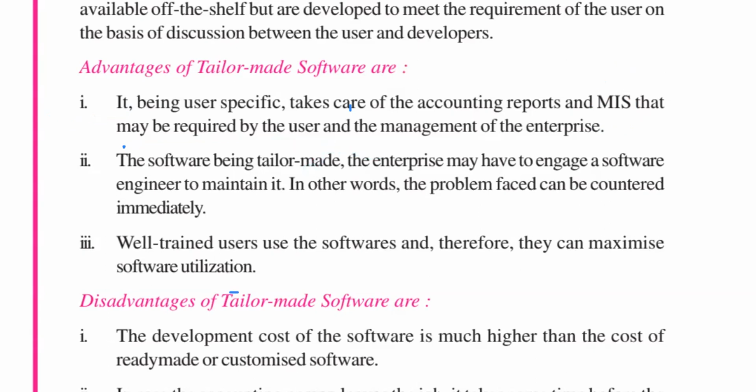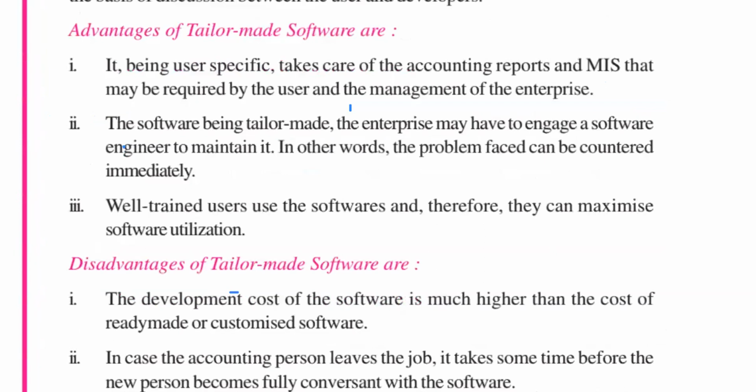Since the software is tailor made, the enterprise may have to engage a software engineer to maintain it. In other words, any problem faced can be countered immediately. Since it is purely new software, the enterprise has to appoint one software engineer.